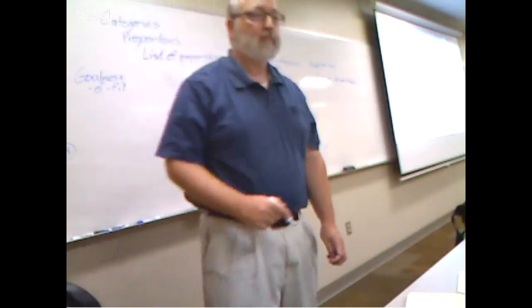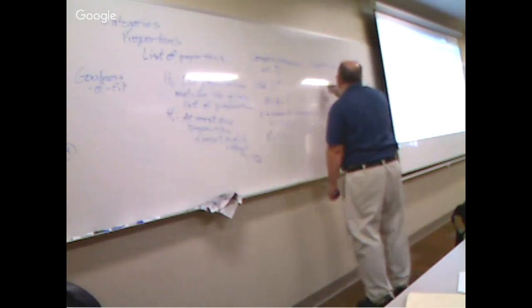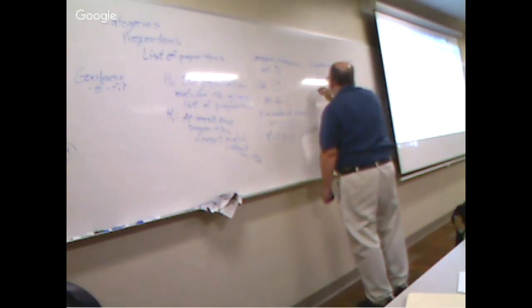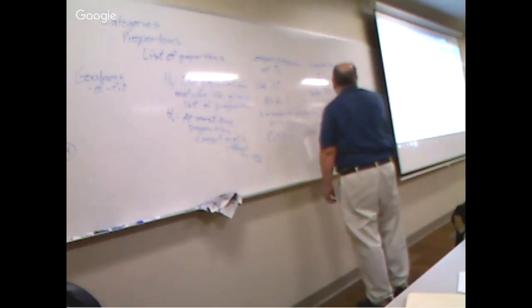So how's that going to work? Well, n is 400 for my first category, very low. It's 400 times 10%, or 0.10.